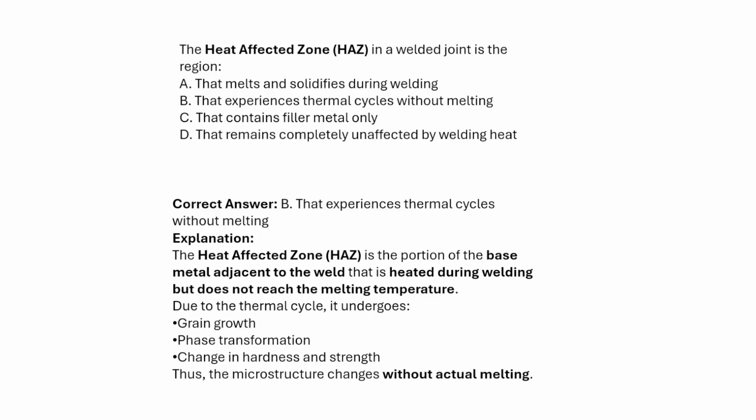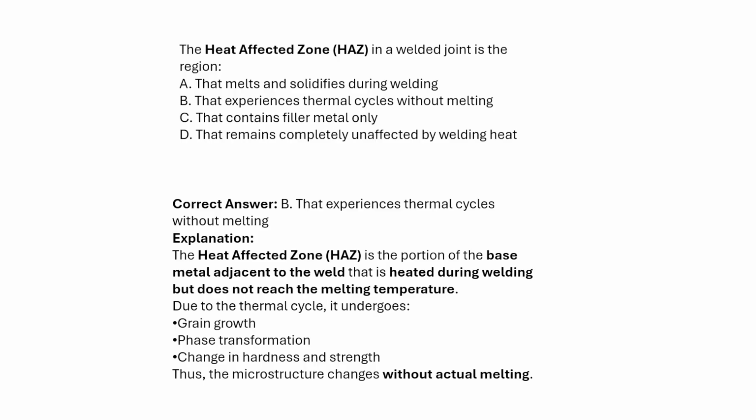Yes, that is correct, because it reaches the thermal cycling but does not melt. The one that contains the filler material only. No, that is also not the reason. The one that remains completely unaffected by the weld heat. That is the base material. So the answer will be B, that experiences the thermal cycles without melting.